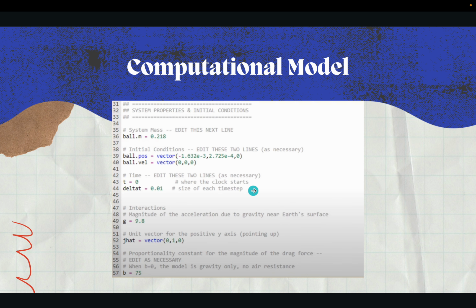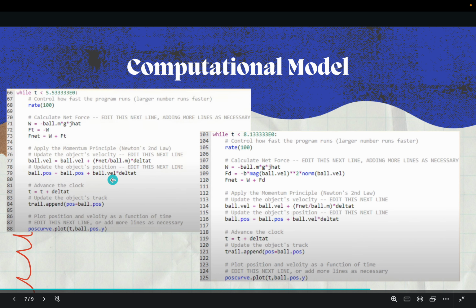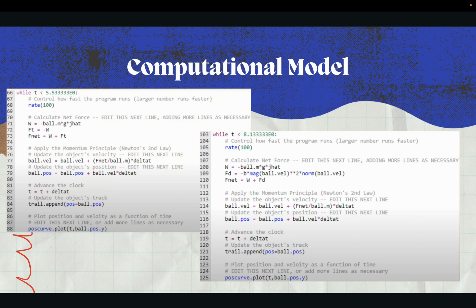So here in our computational model, we can see we input the Slinky's mass as well as the initial position and velocity vectors, as well as the drag proportionality constant down here. And then in our first while loop, this is the while loop while the bottom of the Slinky is remaining in the same place.